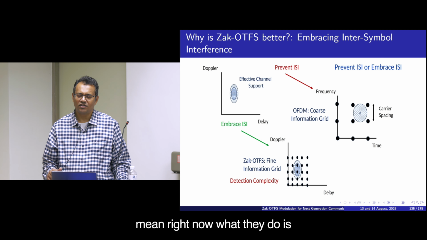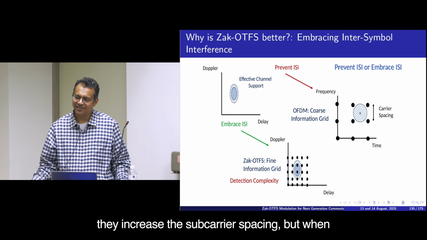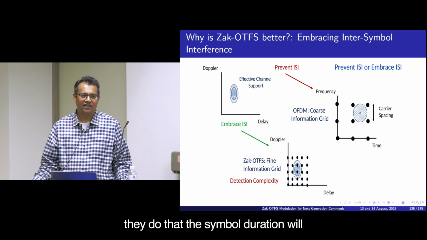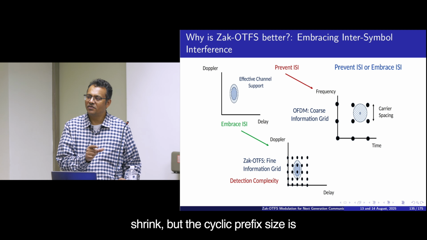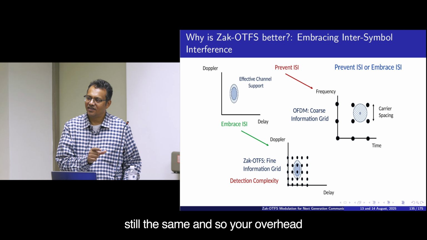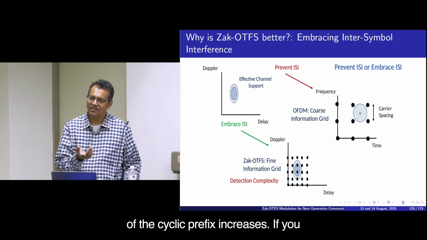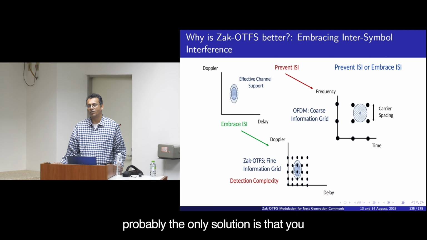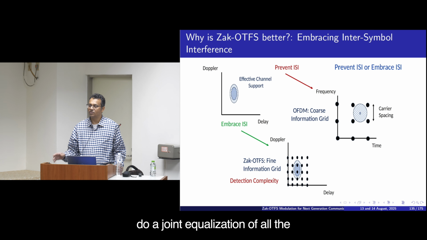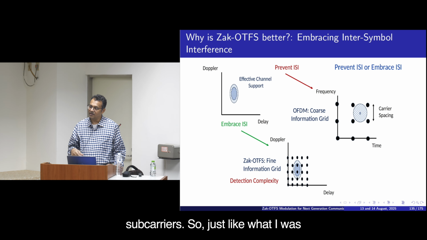Right now what they do is they increase the subcarrier spacing, but when they do that, the symbol duration will shrink, but the cyclic prefix size is still the same, and so your overhead of the cyclic prefix increases. If you don't want to do that, then probably the only solution is a joint equalization of all the subcarriers.